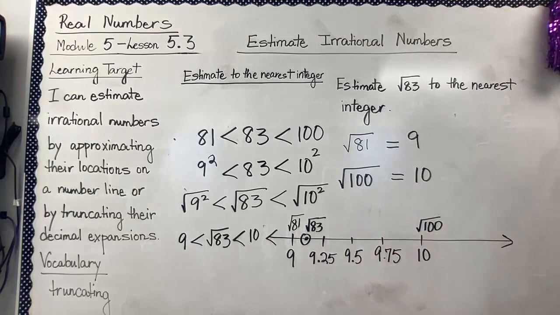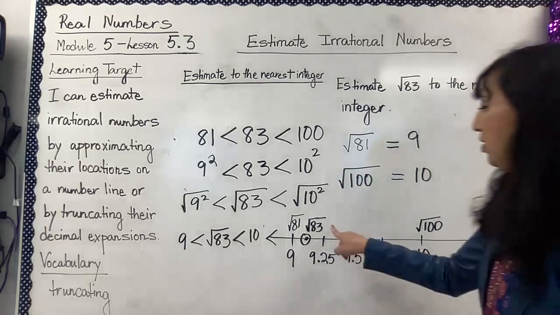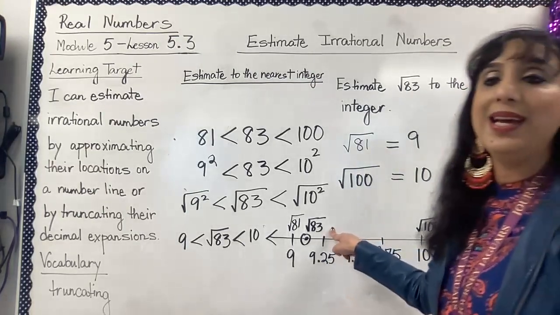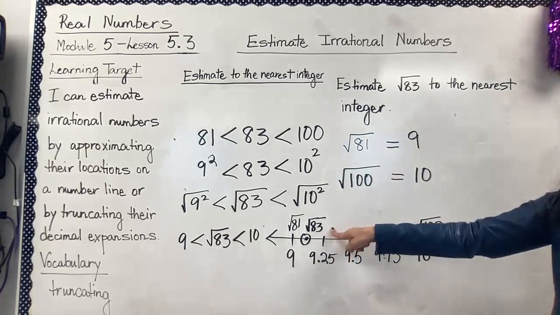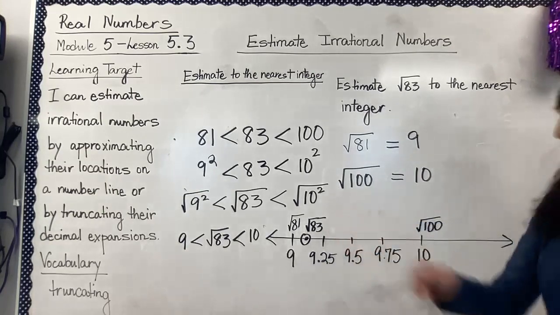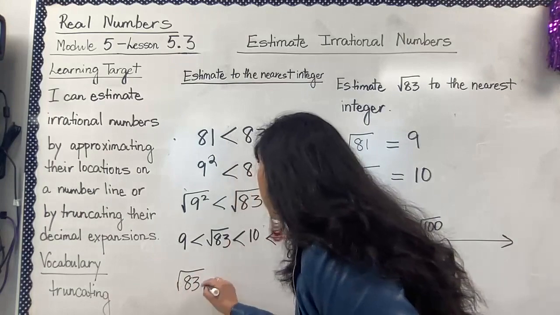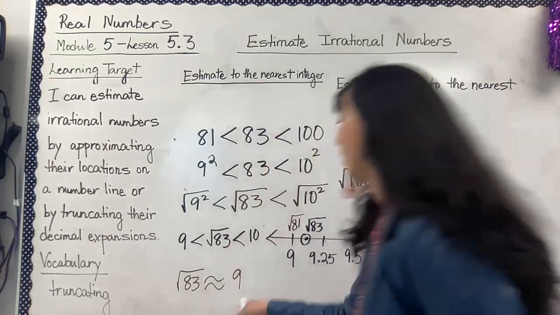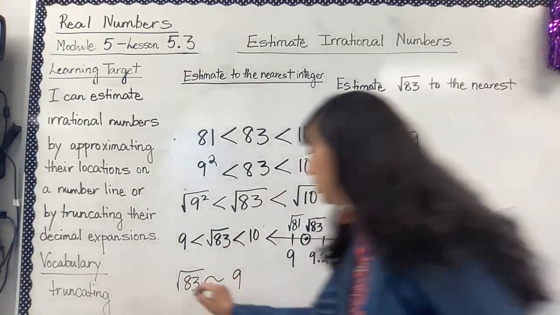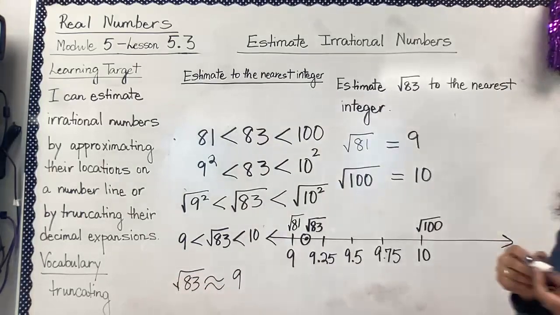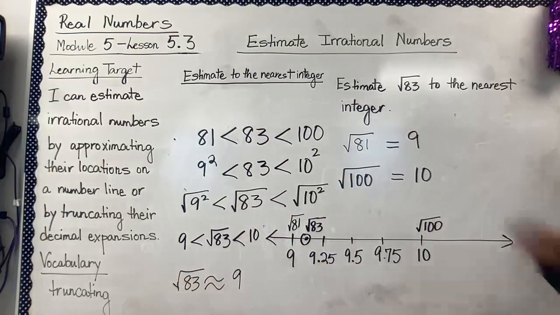That is why the best integer estimate for square root of 83 is going to be 9. So when we write an estimate, square root of 83 is approximately 9. This is how we show our work.